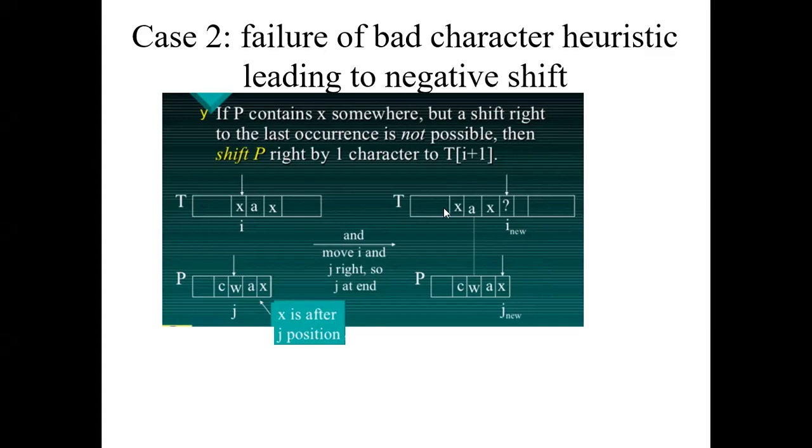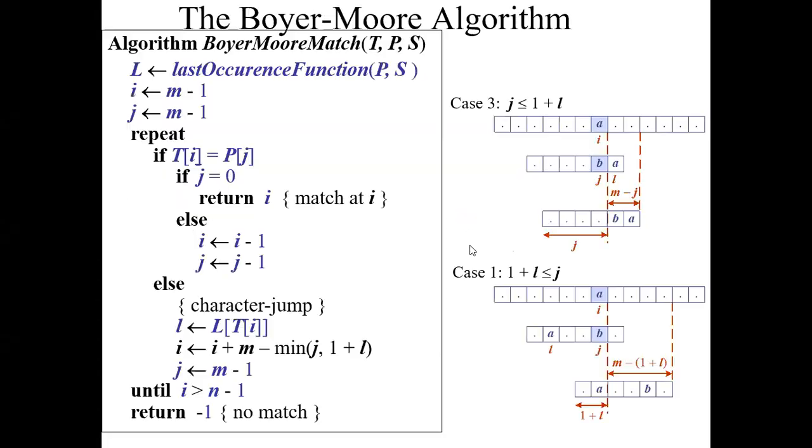So we are aligning this with this. Now let us look here. This is case number 1 and case number 2. So in this case, we have moved ahead m minus j, and in this case, we have moved ahead m minus 1 plus l, m minus this l location as well as this 1, so that this is aligned over here.